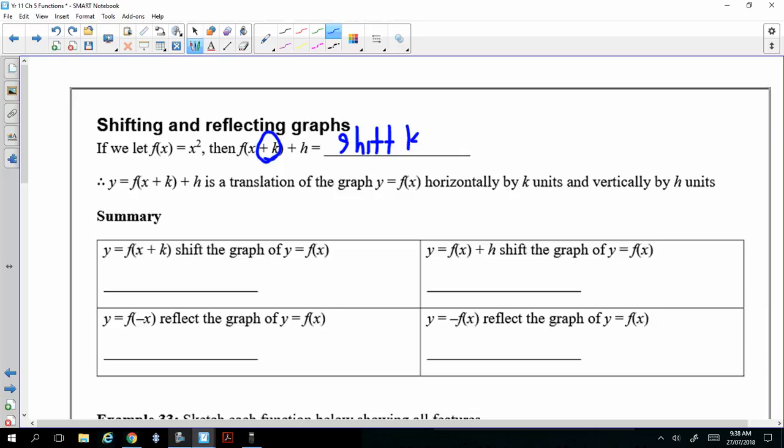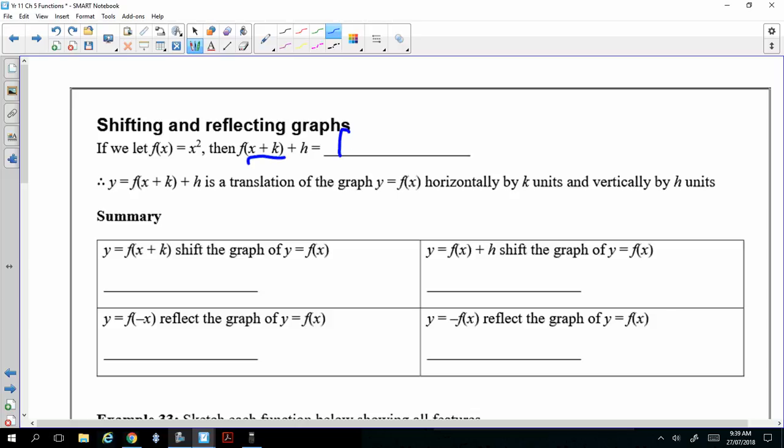No, I'm supposed to substitute. So, listen, x plus k, what do you get? You get x plus k squared plus h. x plus k squared plus h.